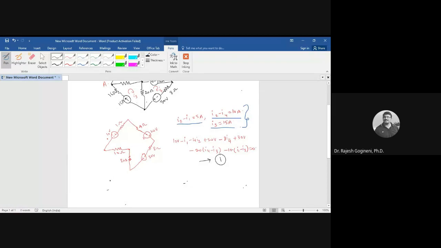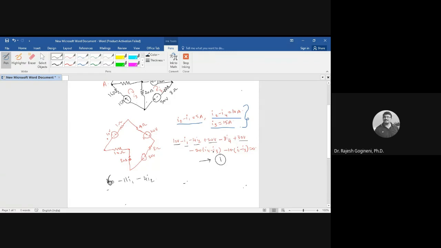By simplifying, here voltage is 10 volts, 30, so 40 volts minus I1 terms: 1 I1 minus 10 I1, so minus 11 I1. I2 terms, one more 20 volts is also there. So 30 plus 20, 50 plus 10, 60 volts minus 11 I1. I2 terms, only one I2, that is minus 4 I2.